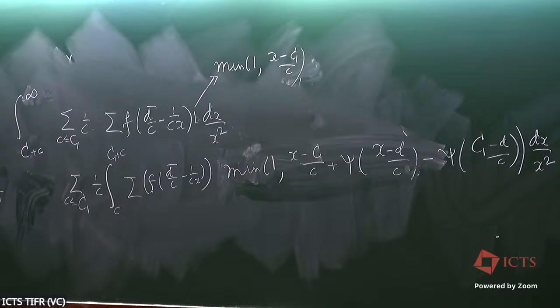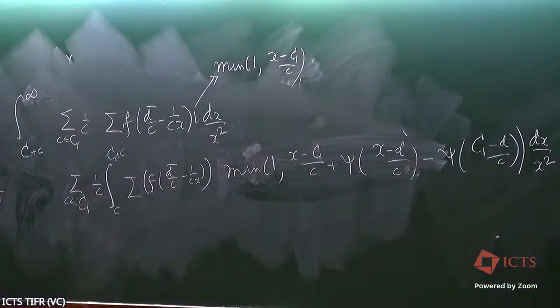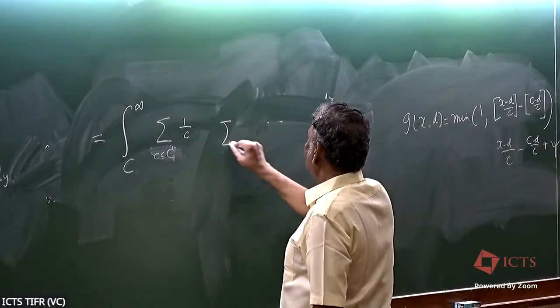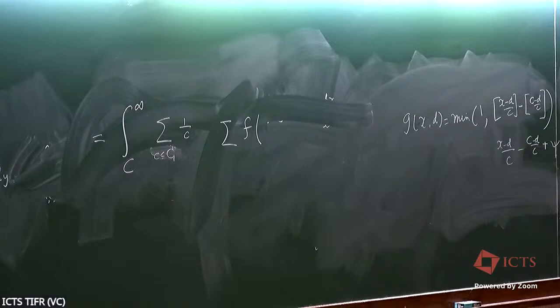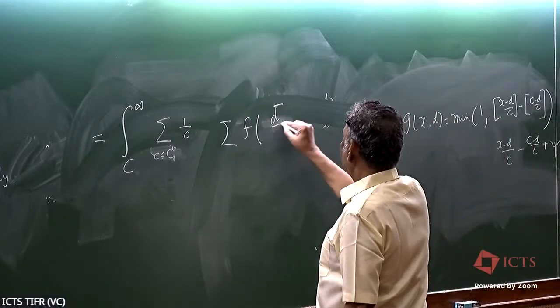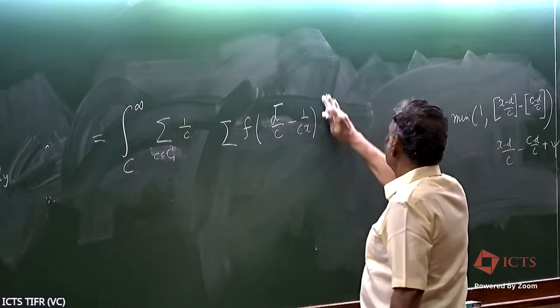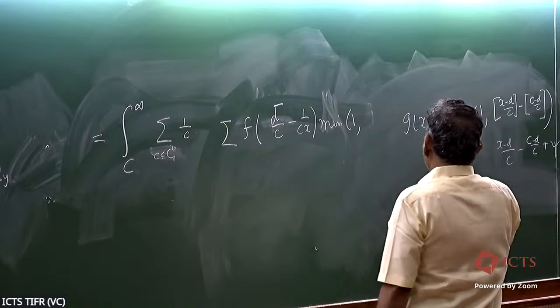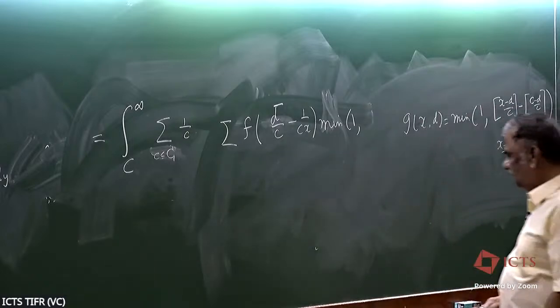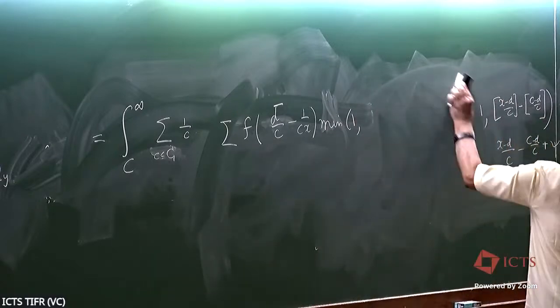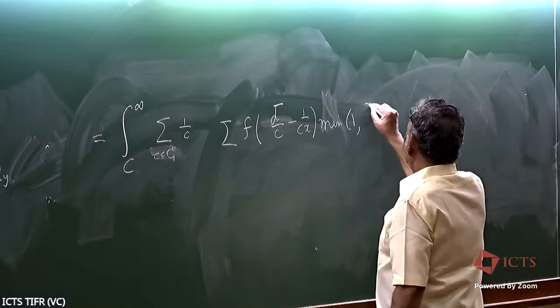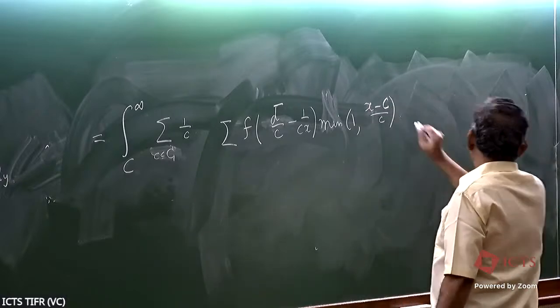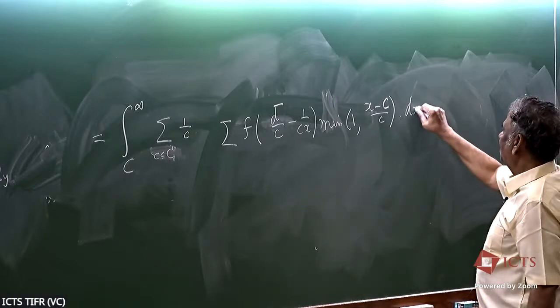Then I can, of course, put the c inside or outside, it doesn't matter. 1 over c, and then you have a summation f of d bar by c minus 1 over cx, into the minimum of 1 and (x minus capital C) divided by little c. That's the one which will come everywhere, times dx by x squared.